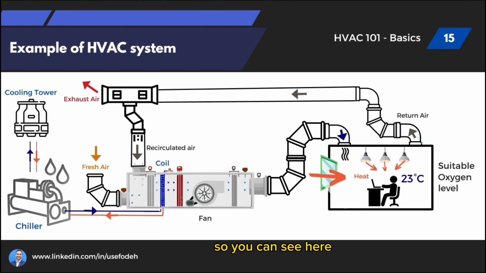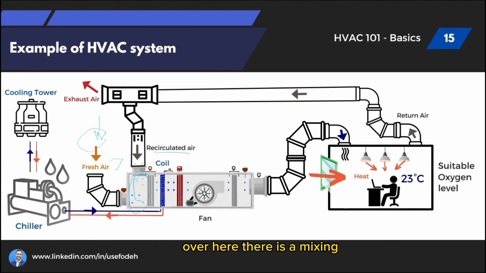So you can see here, let's work from the return air. A portion is thrown outside, and a portion is recirculated over here. And this is the most important point we want to look for, which is the fresh air from the external side, which has the oxygen, and it's mixed inside what we call a mixing box between the recirculated air and fresh air.